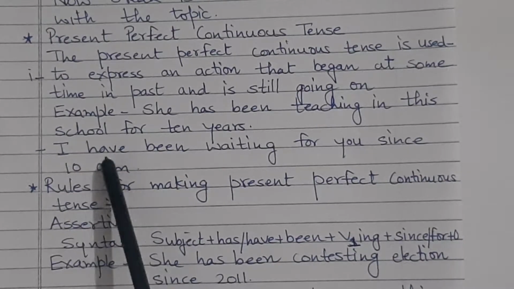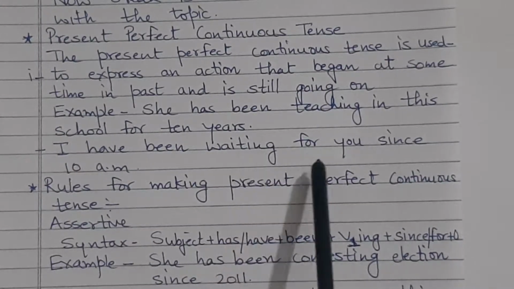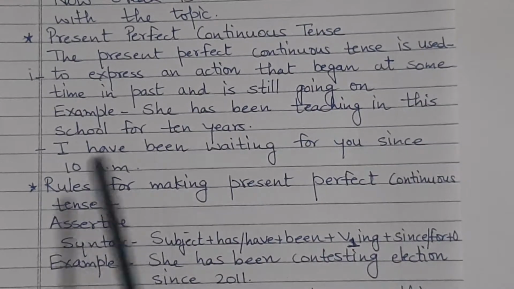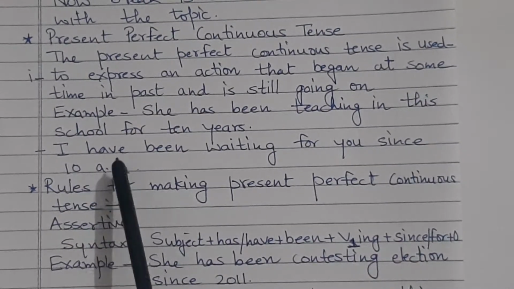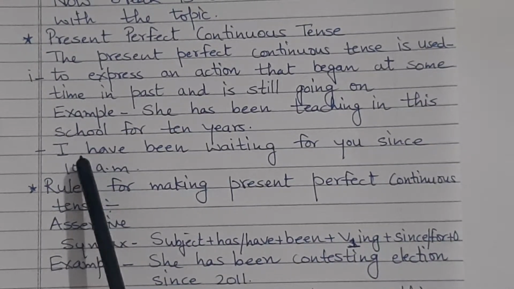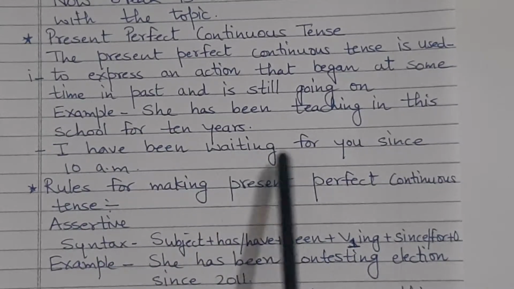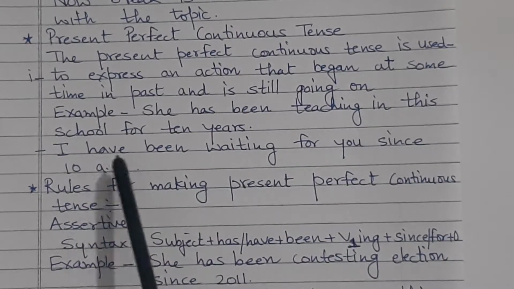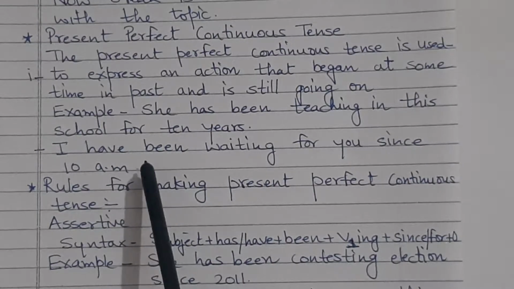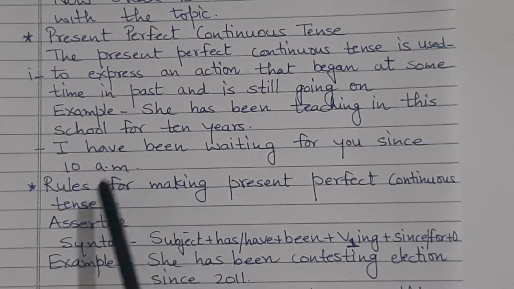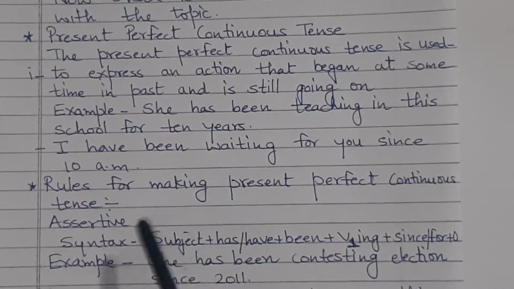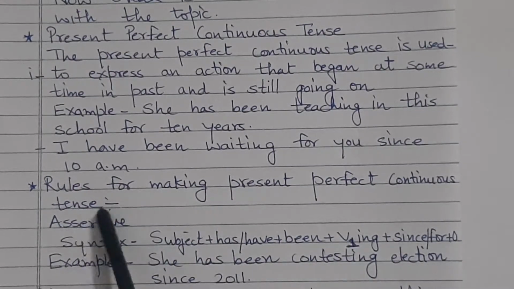Example number 2: I have been waiting for you since 10 a.m. So, I started waiting for you here since morning and still I am waiting. Then, rules for making present perfect continuous tense.